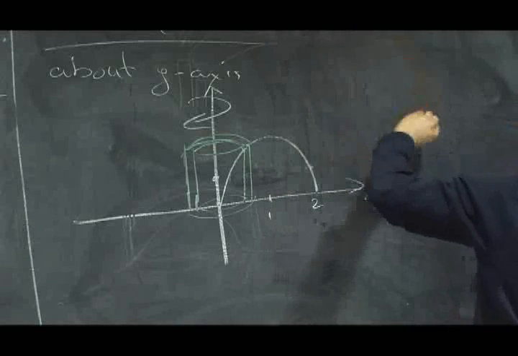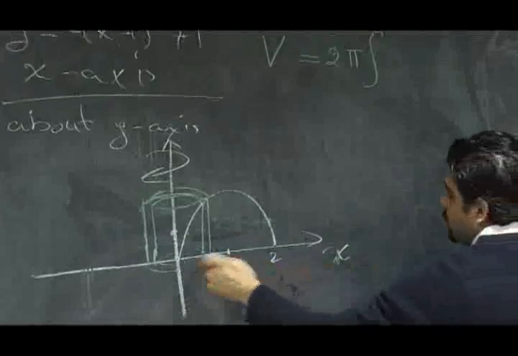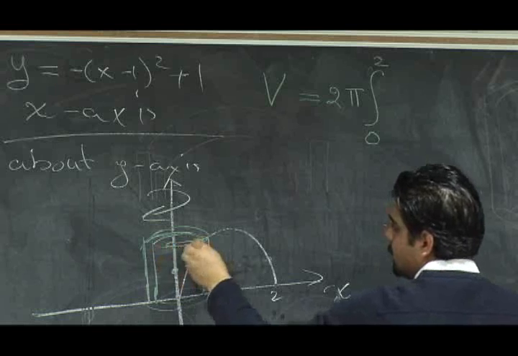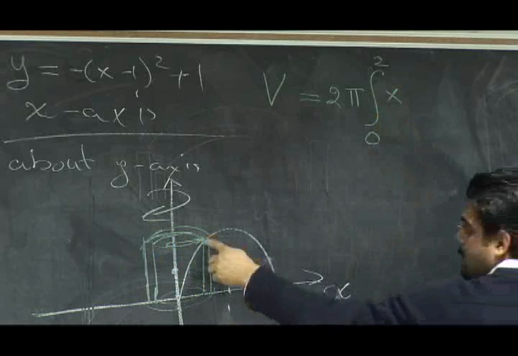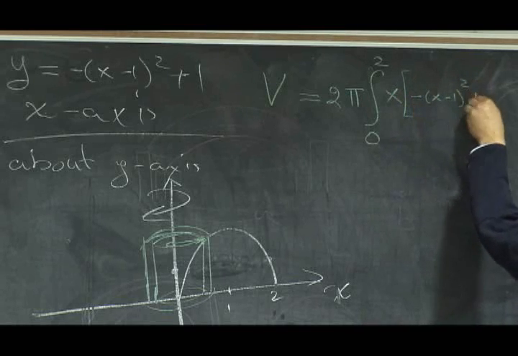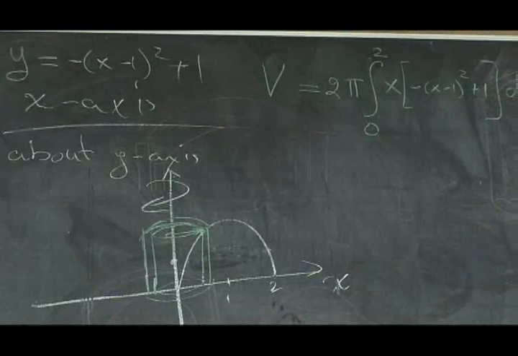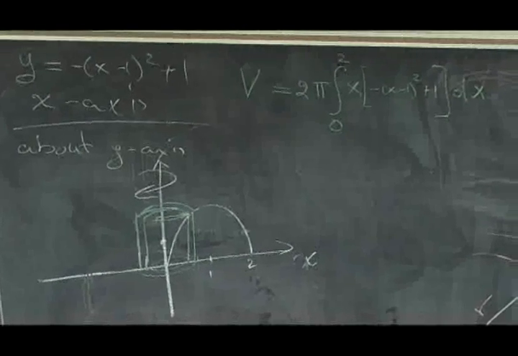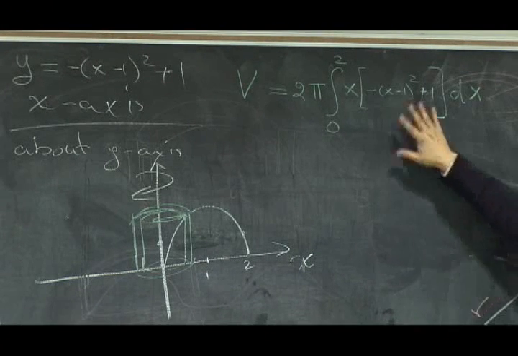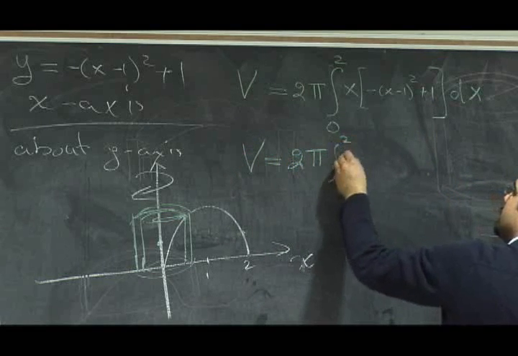So we say the volume is equal to 2 pi times the integral from 0 to 2. The radius is x. The height is the function, dx. Another thing that's nice about it is we don't have to square anything. You don't have to get the radius and then square it. We have to do some simplifying here. We go from 0 to 2.